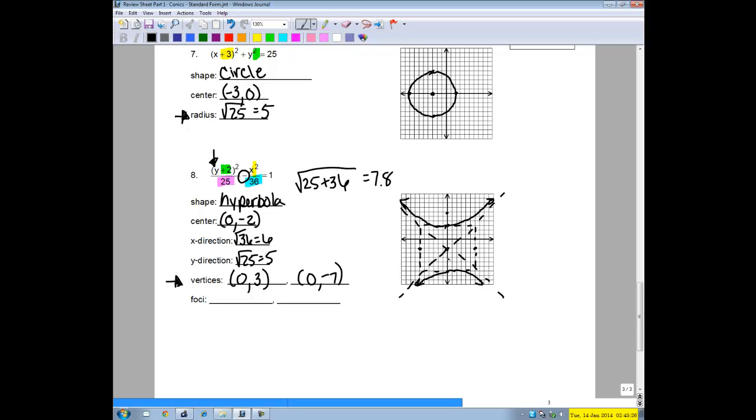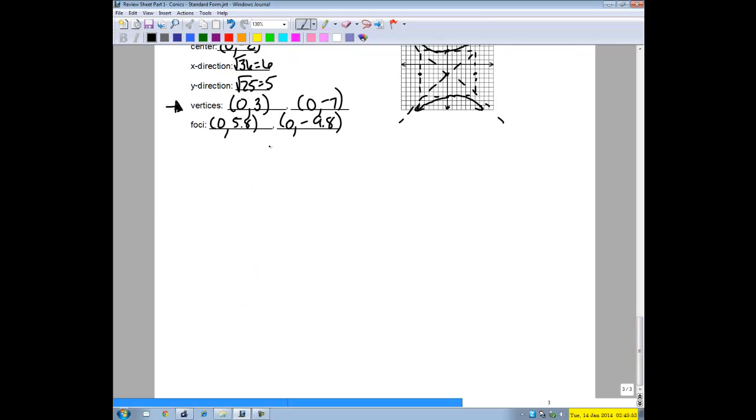And 1, 2, 3, 4, 5, 6, 7.8. So our foci are 0, 5.8, and 0, -9.8. And we are done with this part of the review.